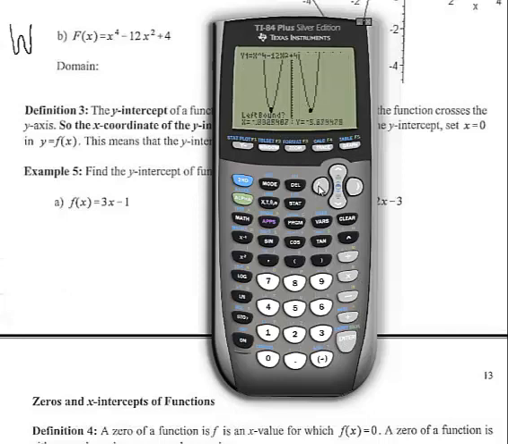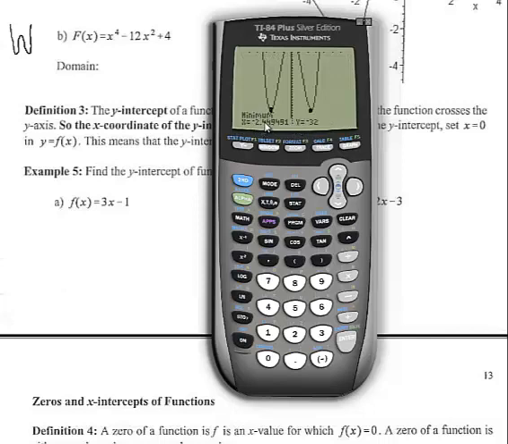It prompts me to go to the left of the particular point that I'm interested in. This is the point that I'm going to do first, so I go to the left and I hit enter. And now it says right bound. I go to the right and I hit enter again, and then it prompts me to guess, and I simply hit enter again. And you see that it gives us the coordinate x equals negative 2.44.